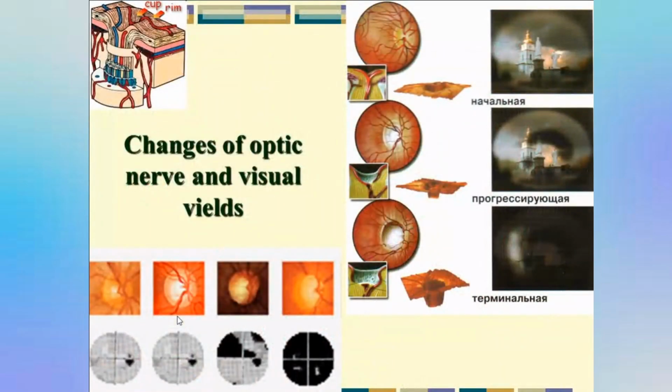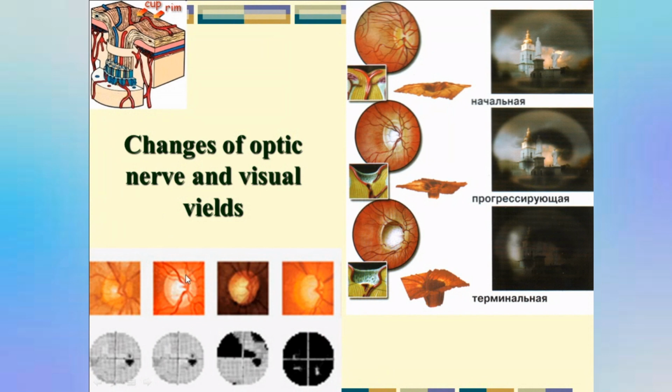Okay, let's speak about changes of the optic nerve and visual field. Look at this picture. Here just the first stage, a bit increase in the size of the blind spot, and here you see the excavation a bit increased.